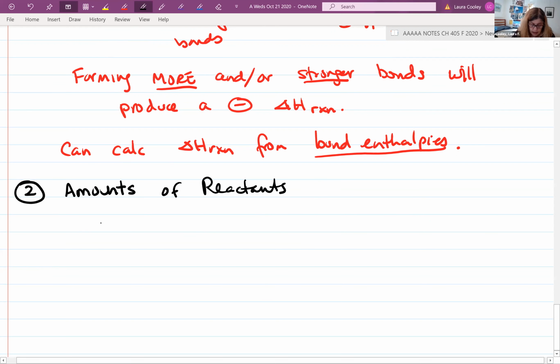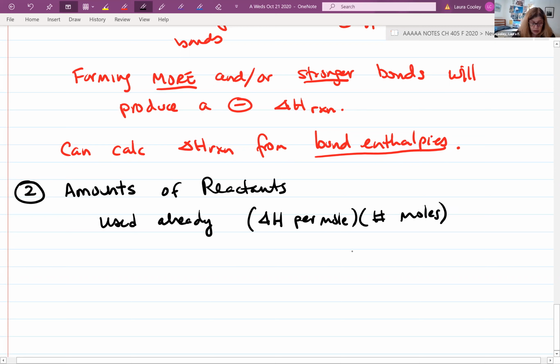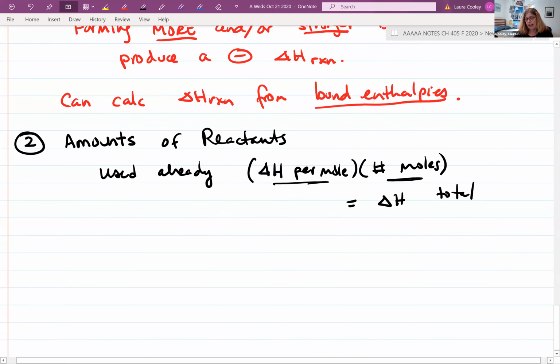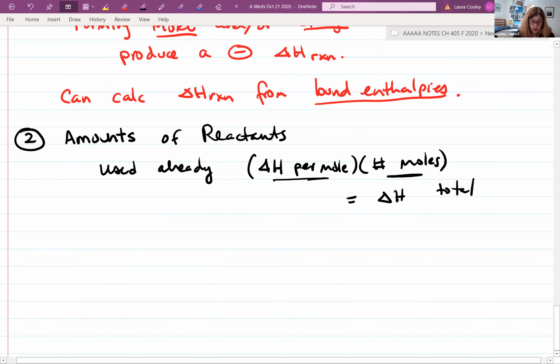And we've used this already, because remember, I used that delta H per mole multiplied by the number of moles equals the total delta H. That's saying that if you have more reacting, you're going to have a larger amount of heat released or absorbed. Okay.